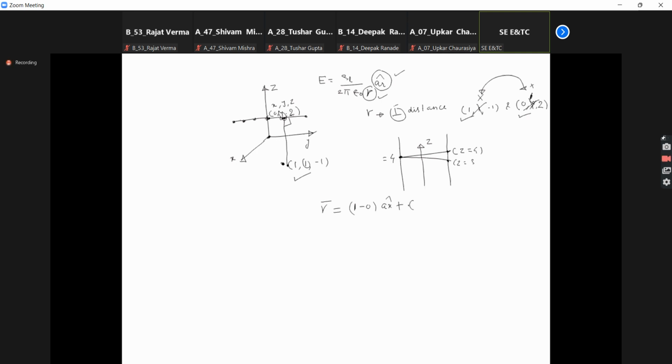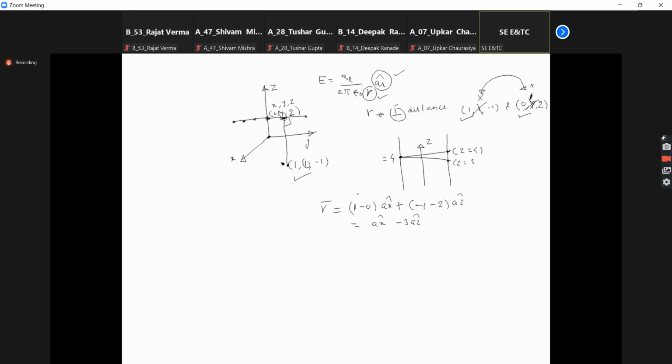I said that the line is running parallel to the y axis, so remove it, or you know that at both the locations y is 1 and 1, so it is going to be 0 only, so I will not consider that part. For z it is now -1 minus 2, so the vector becomes ax cap minus 3 az cap. This is the vector joining the 2 points, and this vector is perpendicular to this line charge.